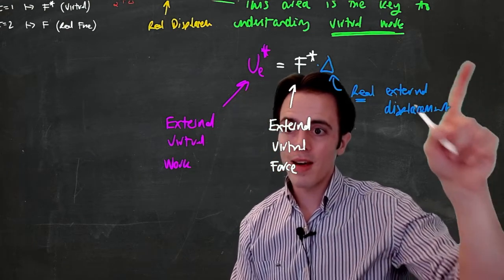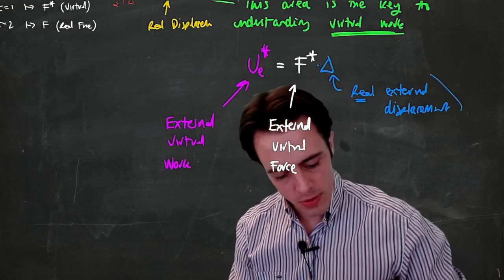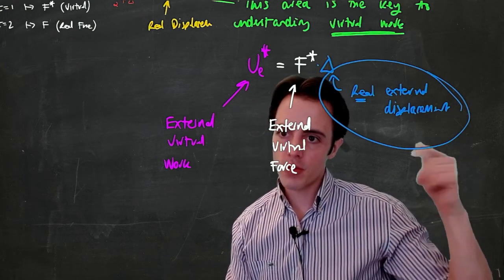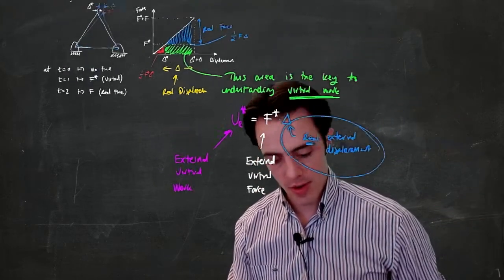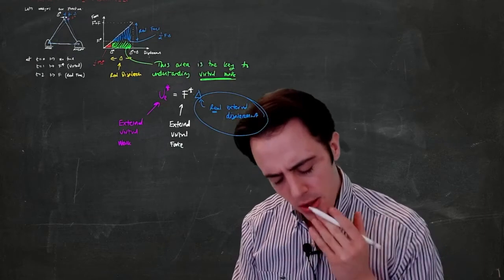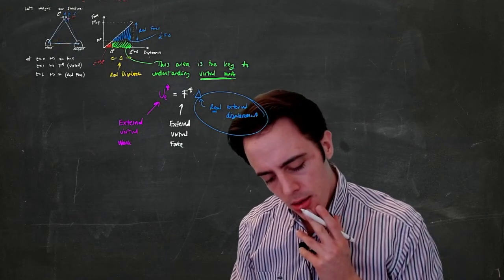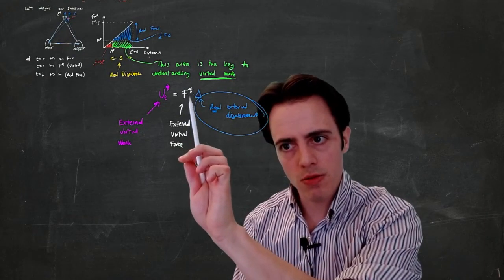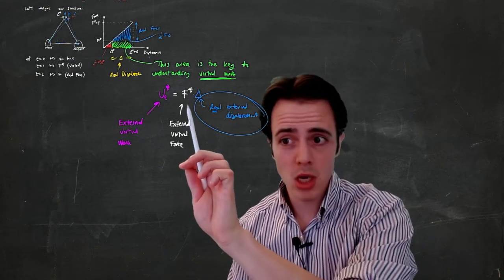And let's remember, this is the thing that we're often trying to solve for. We want to know what the real displacement is of a structure. So why does this help us? Well, we've applied this external virtual force of 1. Okay?